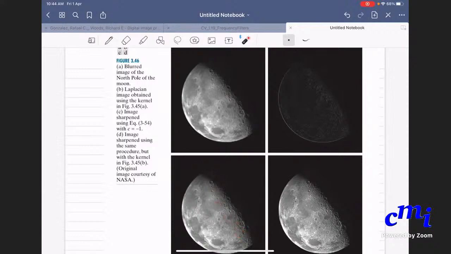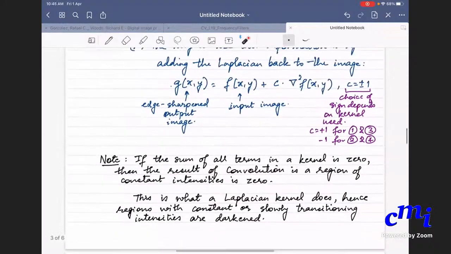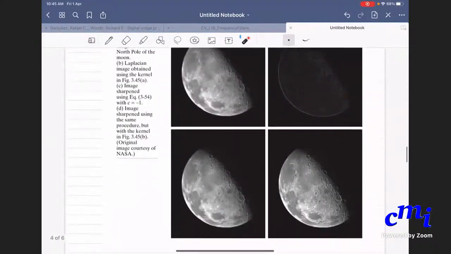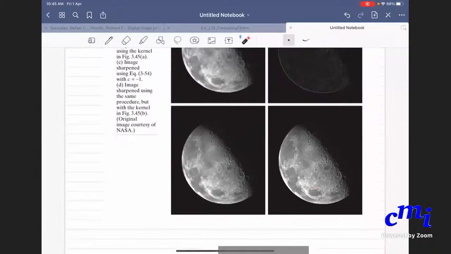This is the one where only 4 neighborhood positions are used, and this image is obtained where 8 neighborhood positions are used, the Laplacian with the kernel of type 3 or 4. So you take the Laplacian, add it to the original image in this way, and you get a sharpened image. That is how one uses the Laplacian.